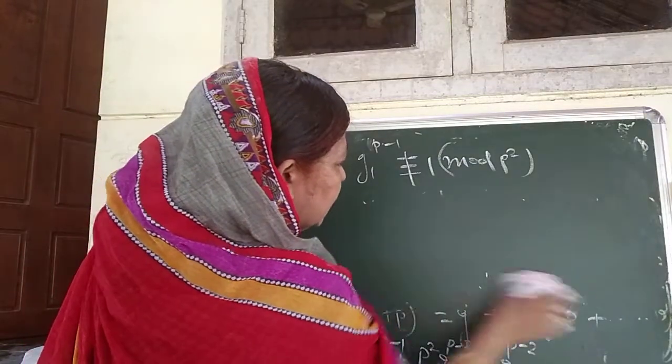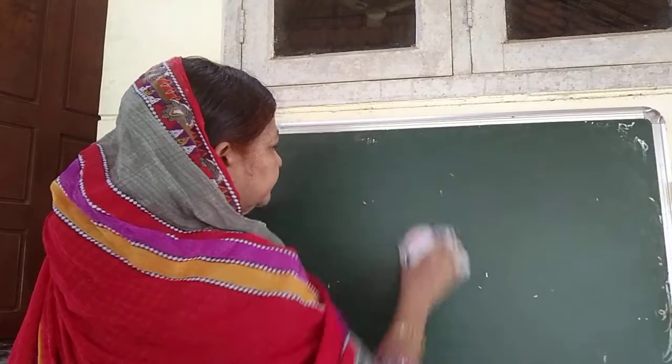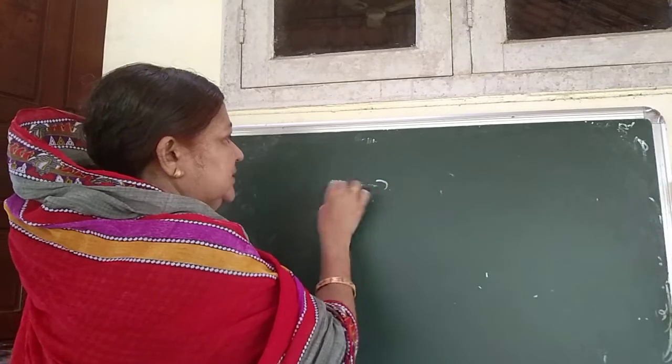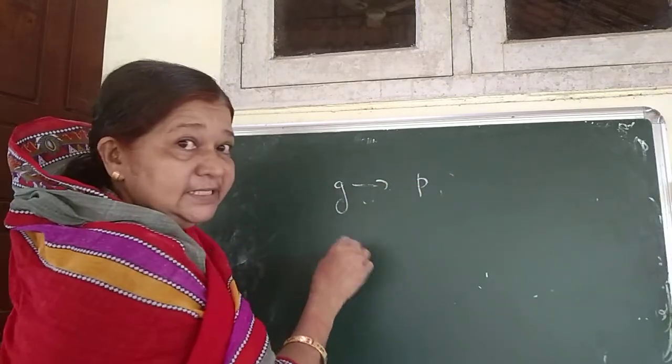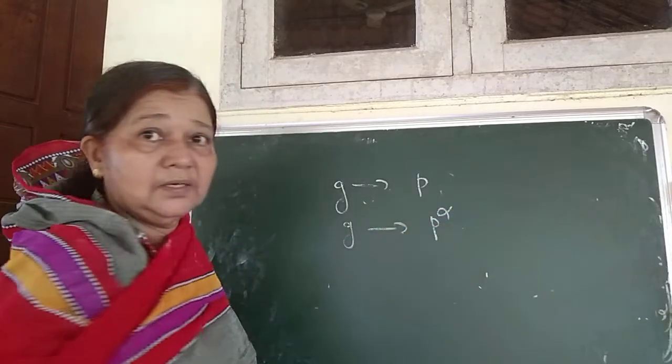For the first part, let us assume that g is the primitive root of p, and we can show that this g is the primitive root for p raised to alpha also.